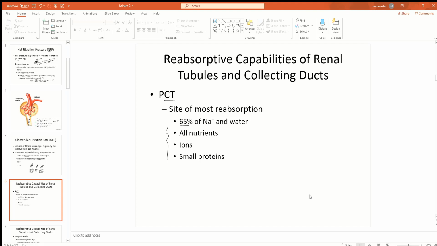If you take only the sugar out, the concentration will go down. If you take both sugar and water proportionately out, then the volume will go down, but the concentration will remain the same. So in this case, the volume will go down because everything is being reabsorbed, 65%. However, the concentration will not change much.